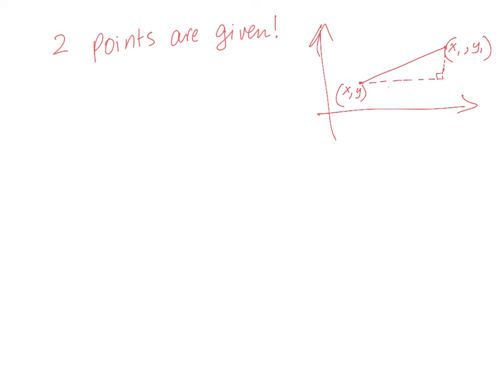So what is the change in x? The change in x is x minus x1. What's the change in y? y minus y1. So if I were to find the slope from the slope formula, what do I get? m is equal to delta y divided by delta x. Now what's delta y? y minus y1. What's delta x? x minus x1.